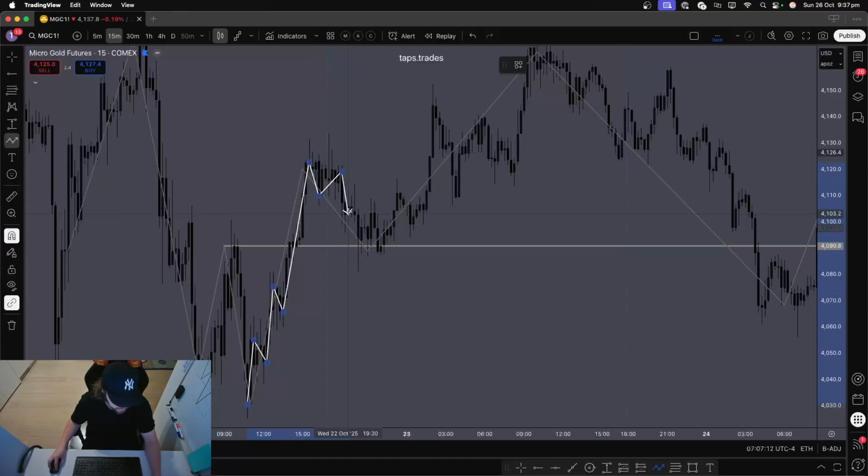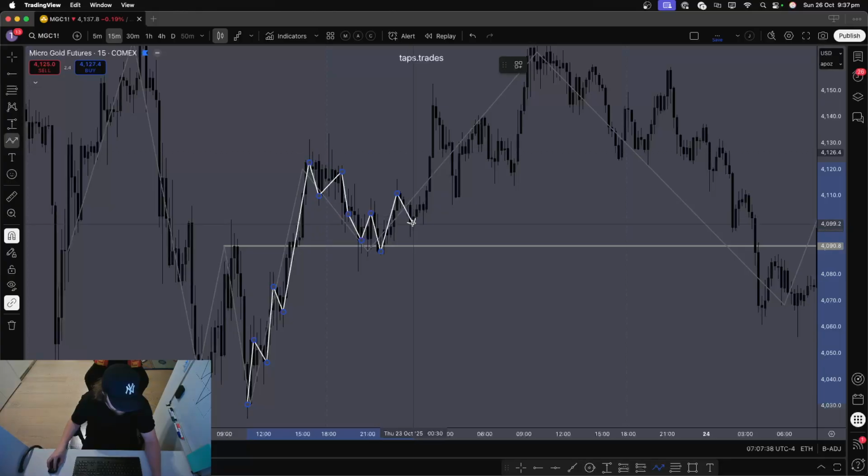Now we start breaking lower. So now this is a lower low. Probably should have drawn that to there, pardon me. Lower high, lower low. Okay, now we break that swing low, right?